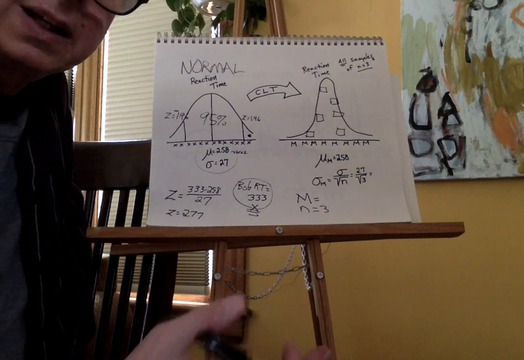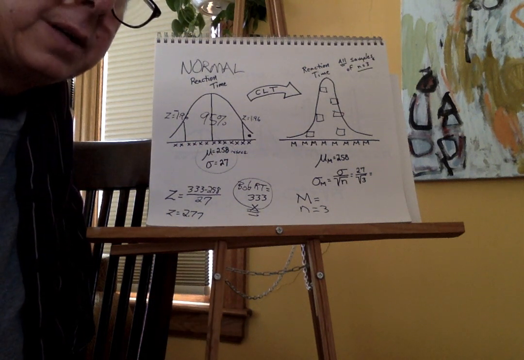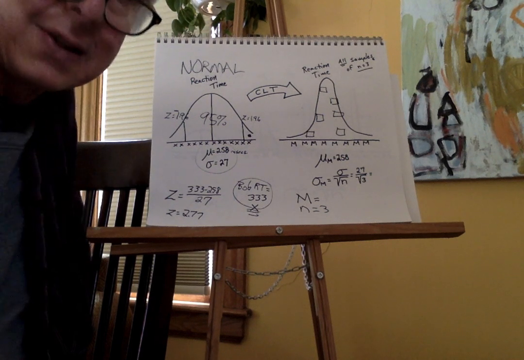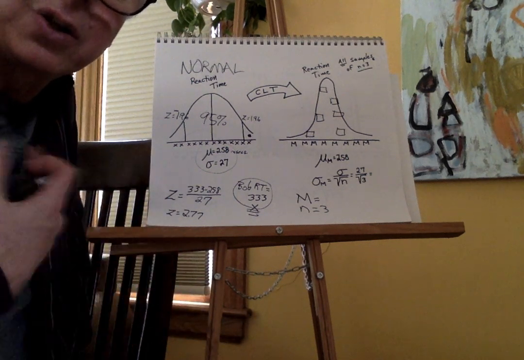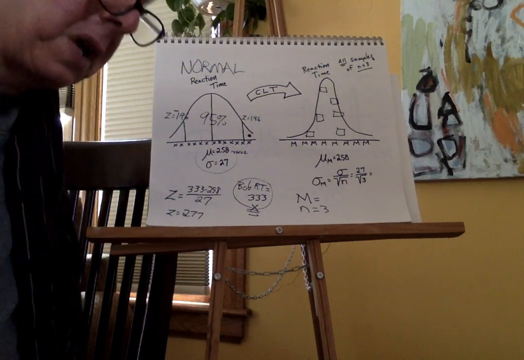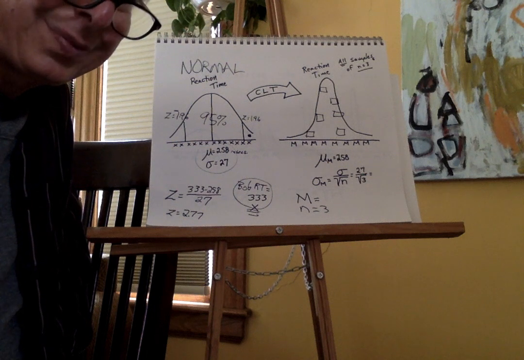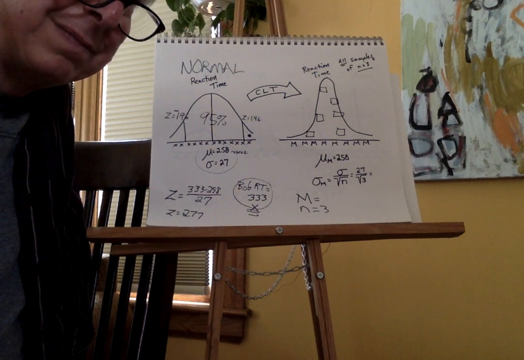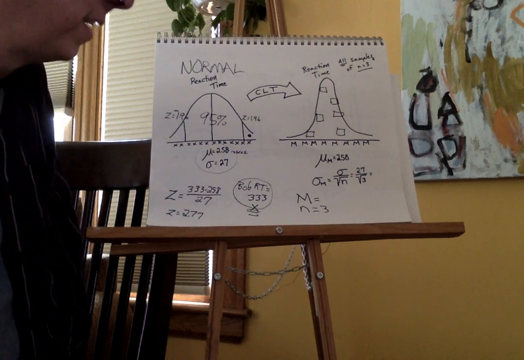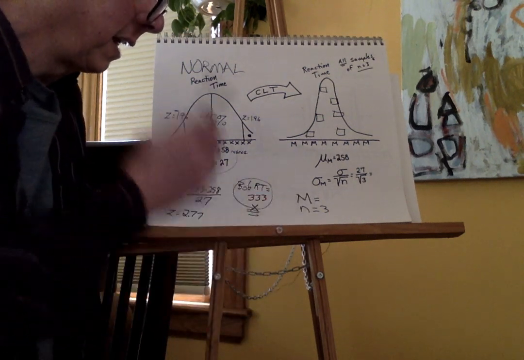But Bob said, hey, listen, that reaction time of 333, I don't think represents my underlying population, what my reaction time really is. And so we say, okay, Bob, you can do 2 more trials. Let's see what you have there, okay? So we're going to collect Bob's data.